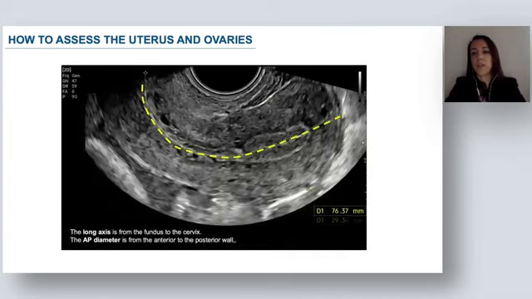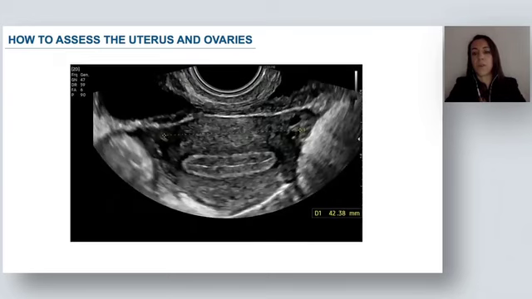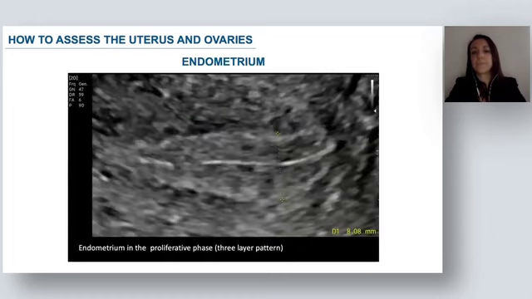We can measure the uterus in 3 axes. Long axis from the fundus to the cervix, and anterior-posterior diameter from the anterior to the posterior wall. And then in transversal section, we can take the third measure. Then, using the real zoom, we can observe and we can measure the endometrium.